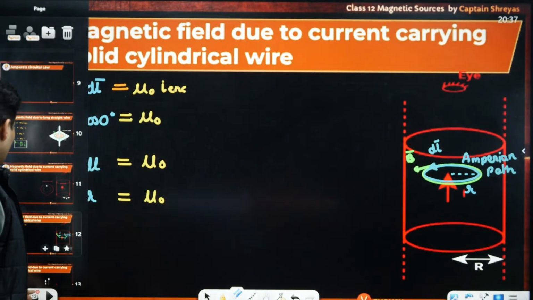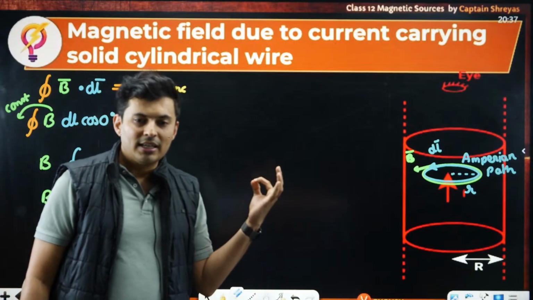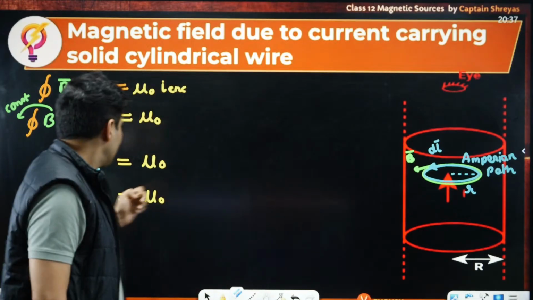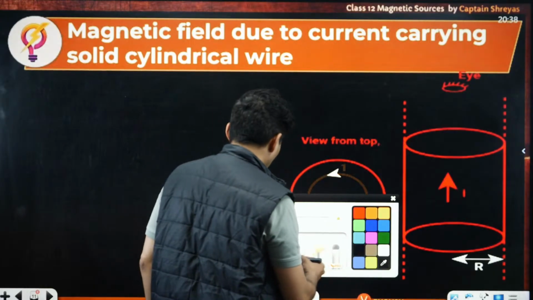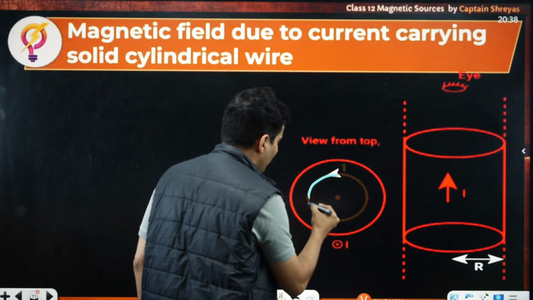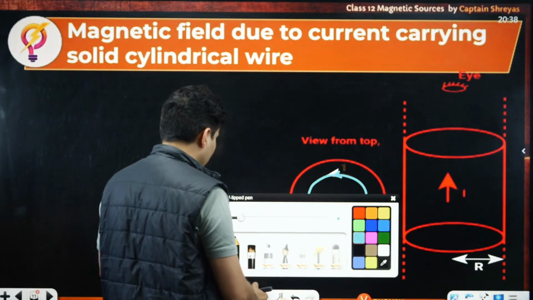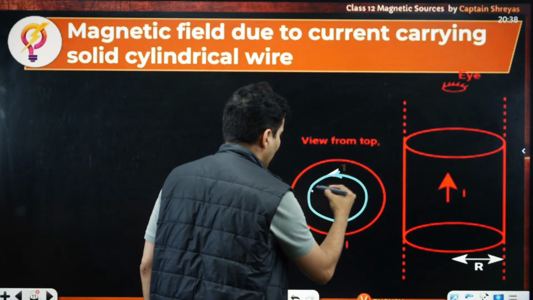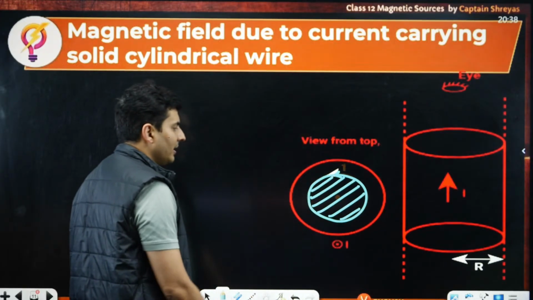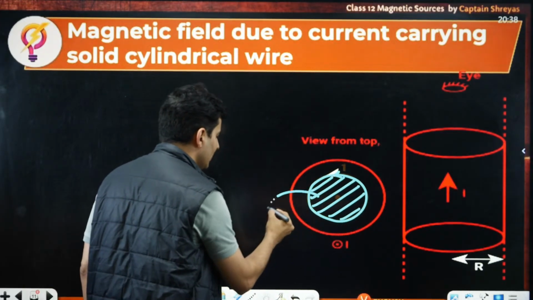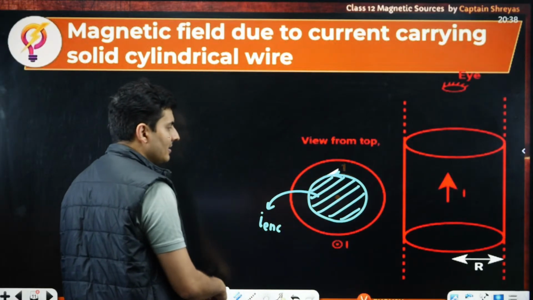All right. Do you understand why the I enclosed is not really I, it is something else? Okay, go back a little bit, you will really understand it. See, this is my Amperian path. So technically speaking, the enclosed current is this much. Whatever current is there inside of this is I enclosed, or I which is inside.